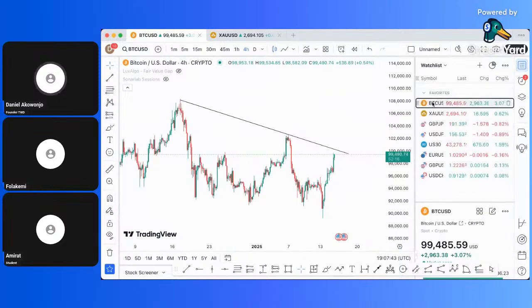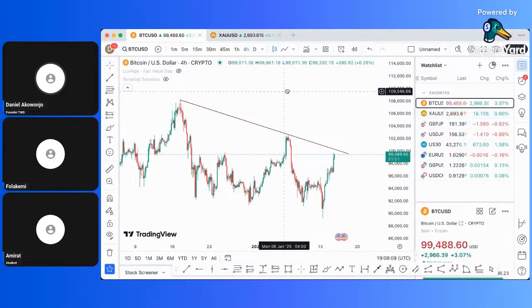Okay, so you have the BTC USD, the XAU USD, the GBP JPY, the USD JPY, the US 30, the EUR USD, GBP USD. I'm more focused on BTC USD and XAU USD. Those are the two pairs I focus on majorly.